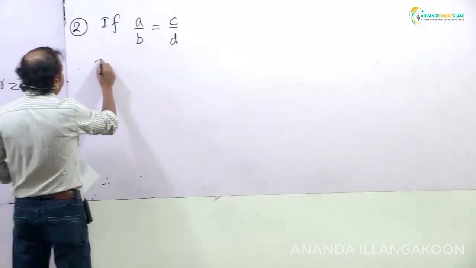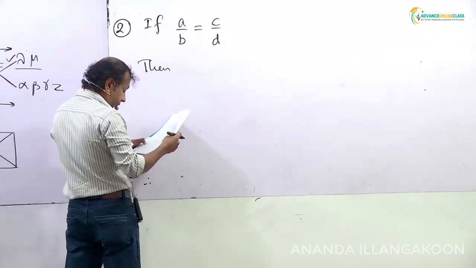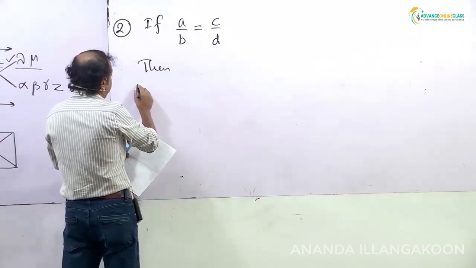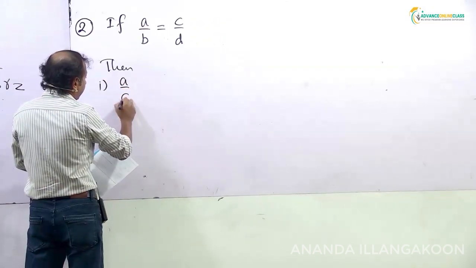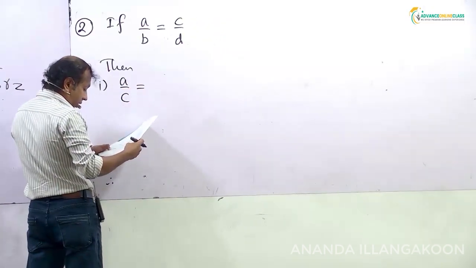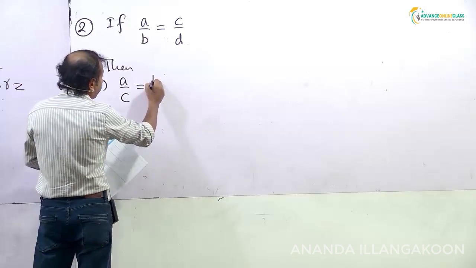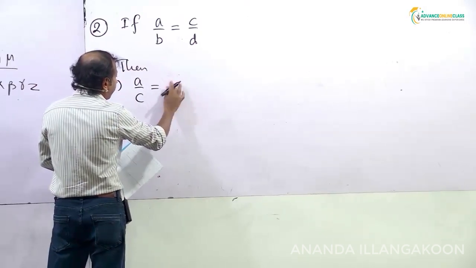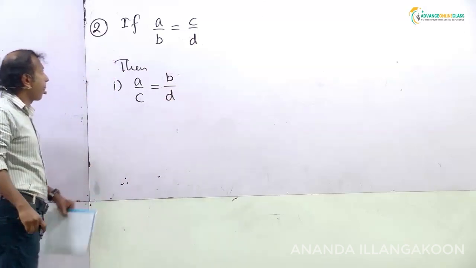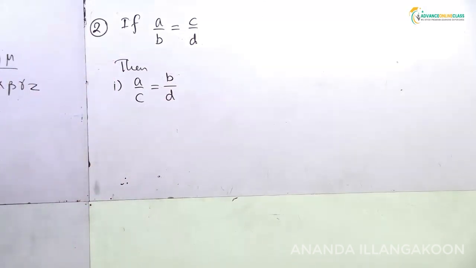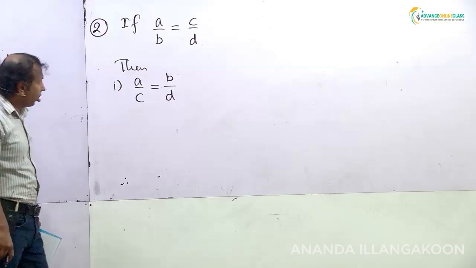First one, A over C equals B over D. What is this?